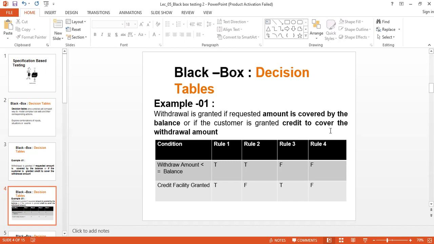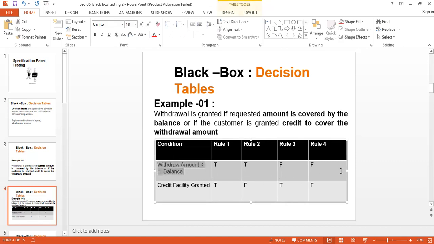So the first rule will be: the customer will withdraw a value which is less than or equal to the account balance. It means if the customer is satisfying this particular condition, it will be true.